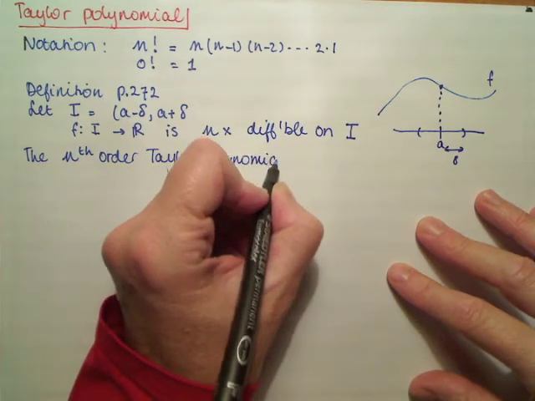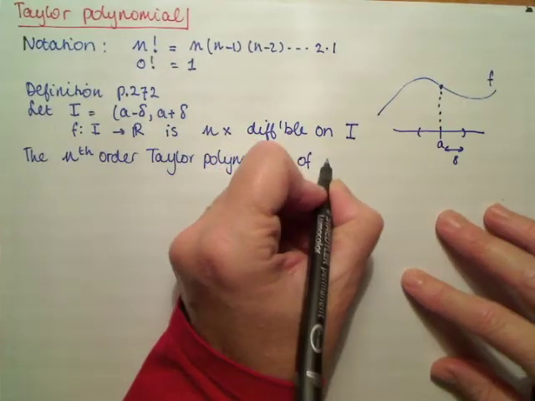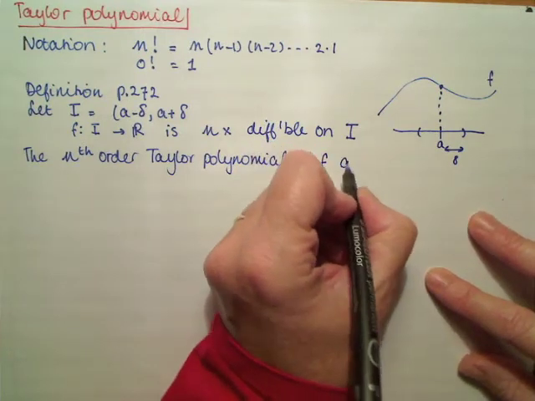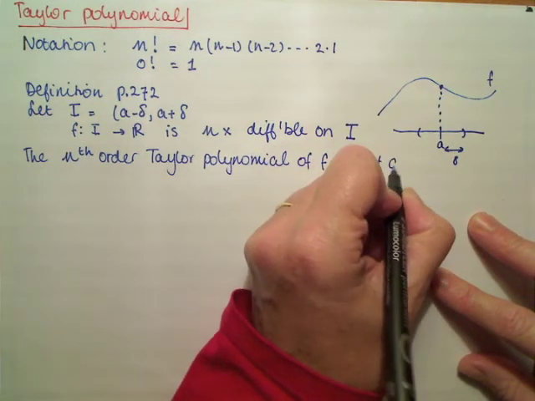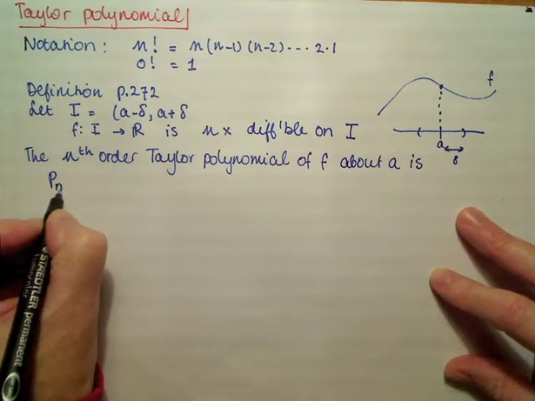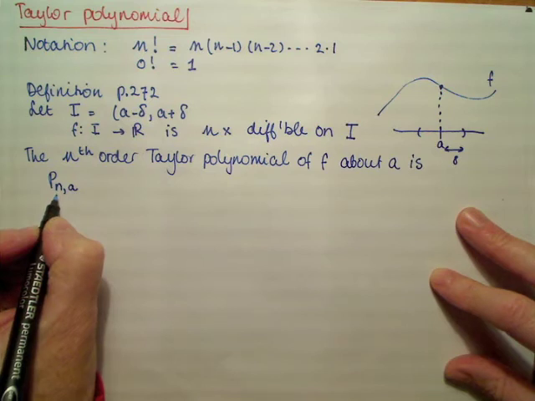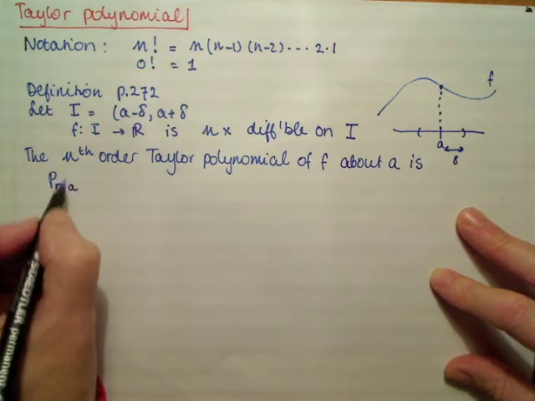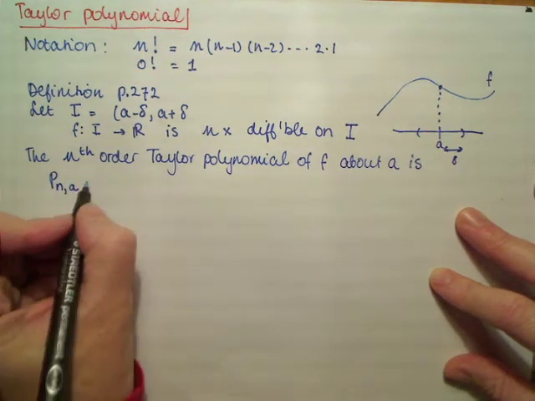The nth order Taylor polynomial of f is based on a certain point a that you can specify, and this is the polynomial p indexed by n to indicate the nth order and a as the base point.